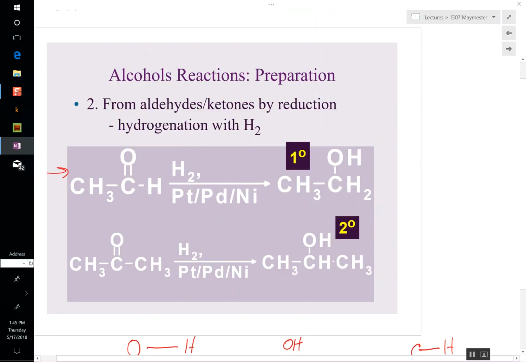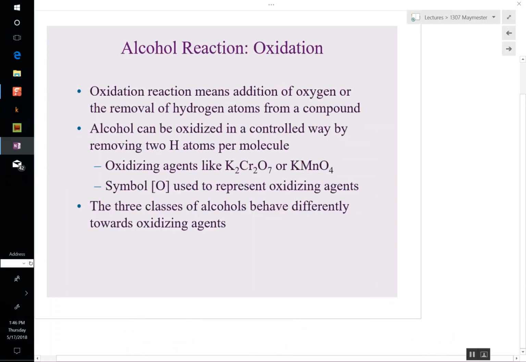All right, so again, there are two ways to prepare alcohols that we now know. The hydration of alkenes or the hydrogenation of aldehydes and ketones. I don't know that I've got that reaction on the homework. Probably should.